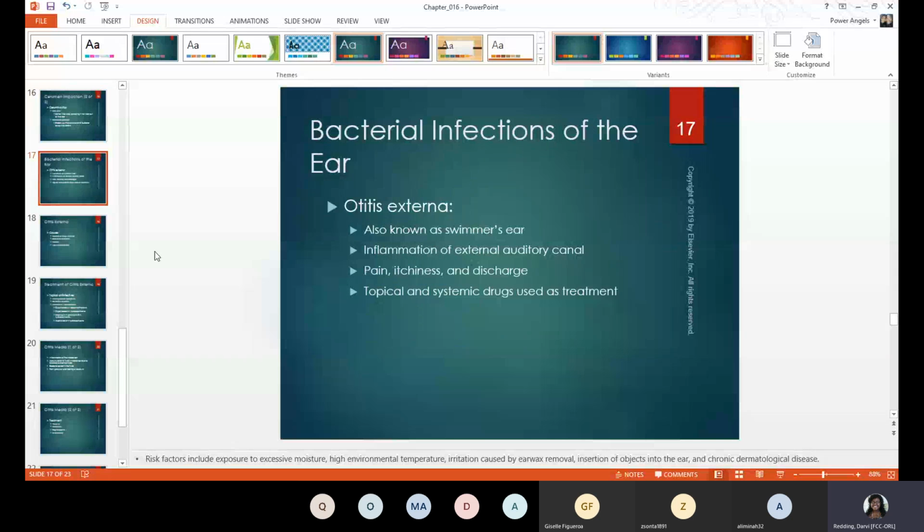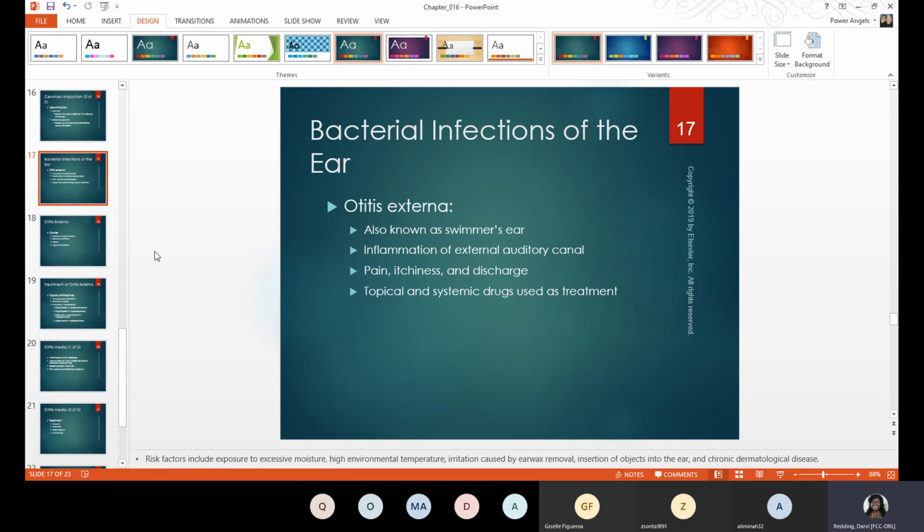So now that we've talked about some of the disorders of the ear, let's next learn about some of the bacterial infections in the ear. Some of the bacterial infections would include otitis externa, also better known as swimmer's ear. This particular bacterial infection causes inflammation of the external auditory canal.